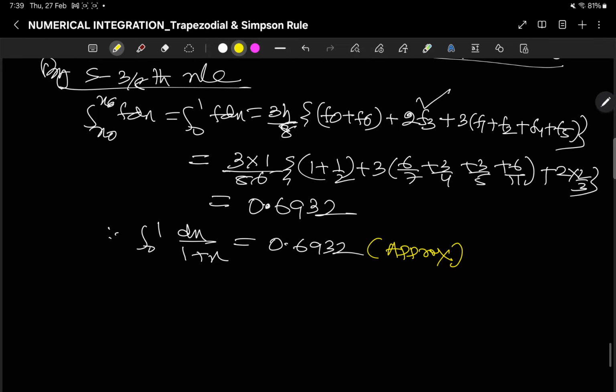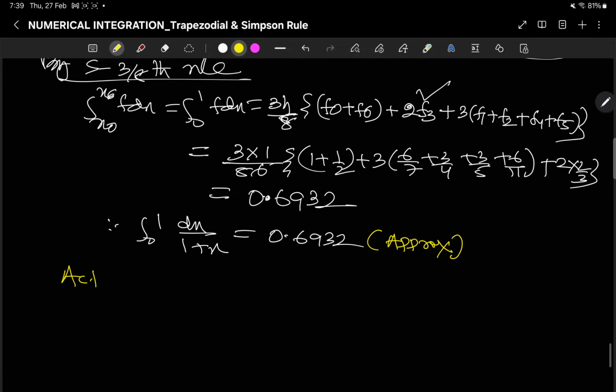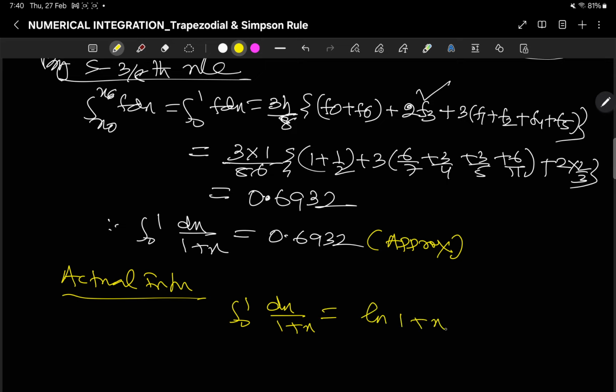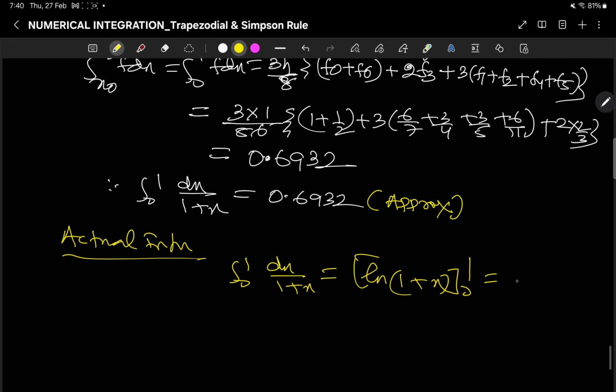This is my approximation, because we are approaching by numerical integration. But by actual integration, integration 0 to 1 dx by 1 plus x is ln(1 plus x) from 0 to 1. So this will be ln 2 minus ln 1. ln 1 is 0, so here it is ln 2. The actual value of ln 2 is 0.6931471.